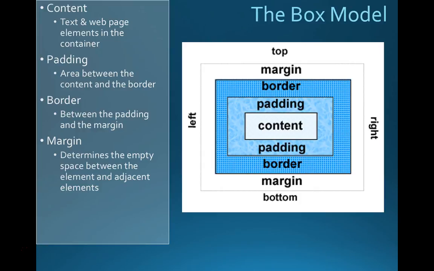So let's for a moment use an example of the paragraph. The paragraph element has an opening p tag and a closing p tag. So let's consider the content within the p tags inside this box, called content. So we have a p tag, and then we have stuff inside that p tag.